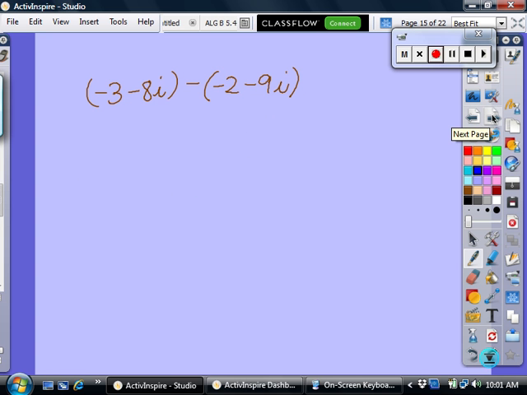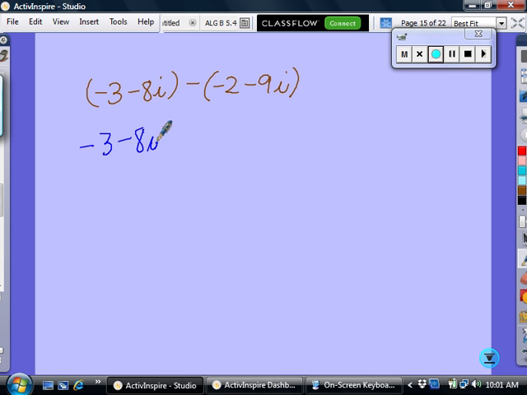All right, what about subtraction? Well, you know how subtraction is. This sign changes the signs of those two. So minus a negative is a plus 2, and minus a negative is a plus 9i. So real to real, imaginary to imaginary, just like when you're combining like terms.